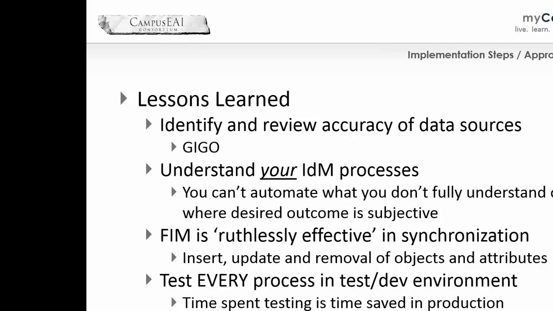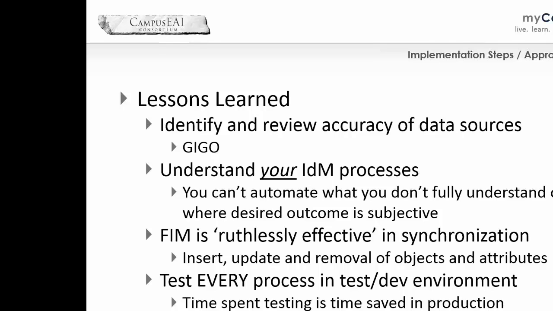Certainly, some of the expertise that you'll have available through Campus CAI, their services team, as well as other member schools, we're always willing to talk about what we've learned, what we'd like to do better. If we had to do it all over again, perhaps change this piece or that piece. So share that knowledge and work with other schools.